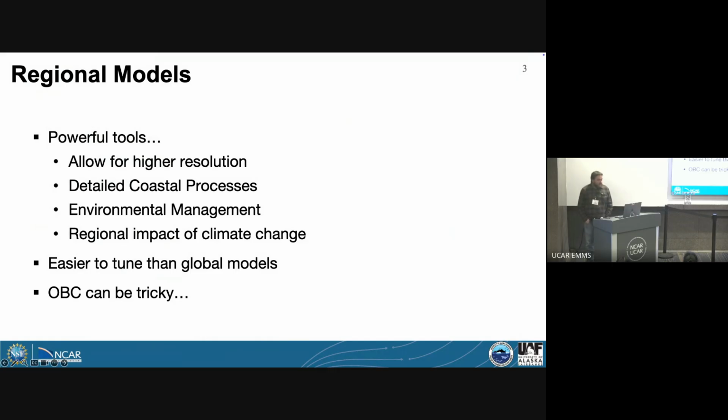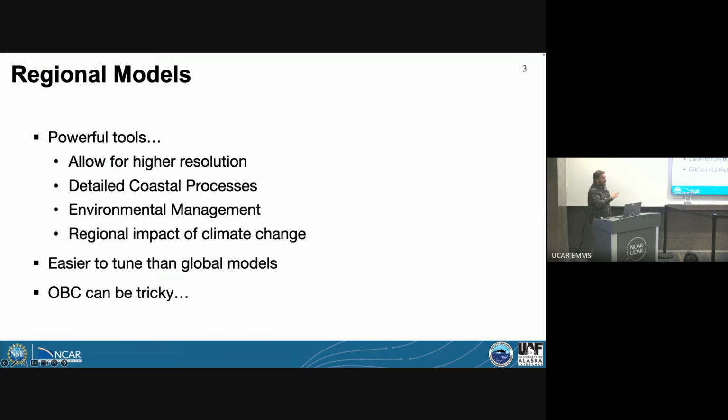One nice thing with regional models is that they tend to be easier to tune than global models. A lot of times with a global model, you have a great idea to make it better, and you implement it and it makes the model better in some location, but degrades the solution somewhere else.